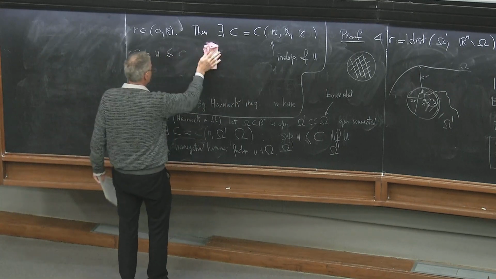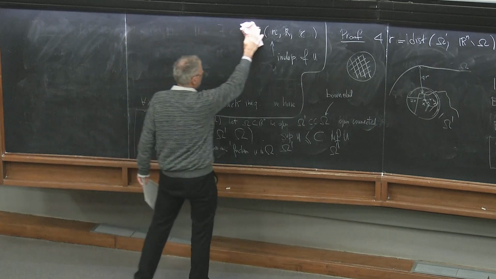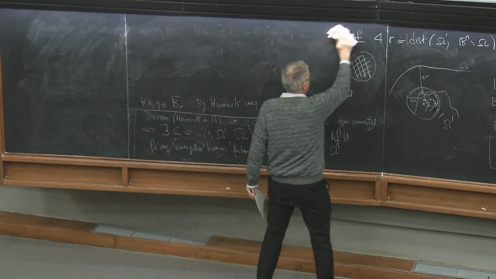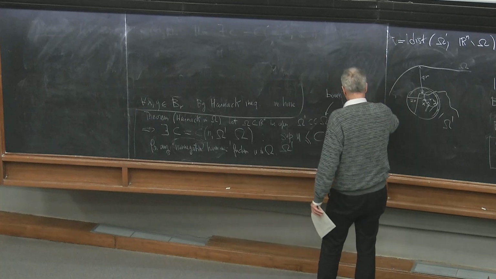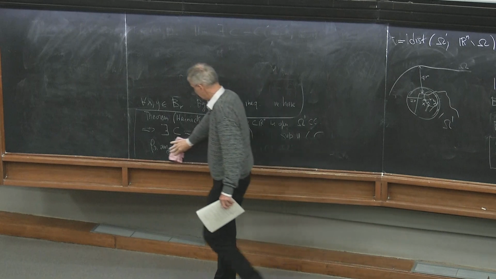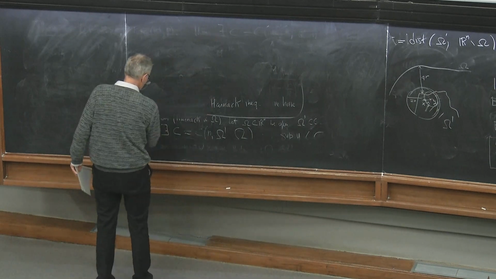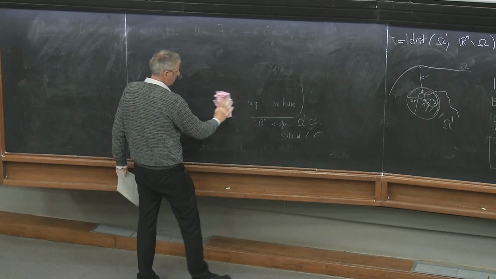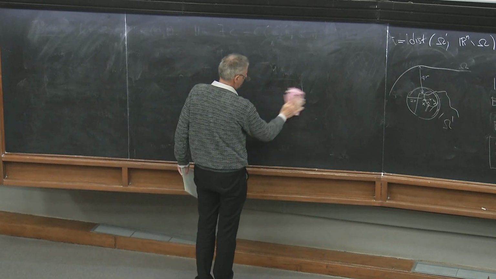But in my summary, I forgot the Liouville theorem. We have already seen one interesting consequence of this inequality: the Liouville theorem for, for instance, harmonic entire functions bounded below.